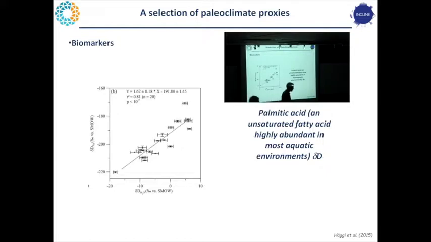Biomarkers hold many possibilities in terms of reconstructing past environmental properties, and this is yet another example. What I'm showing here is the palmitic acid deuterium isotopic composition. Palmitic acid is a saturated fatty acid, highly abundant in most aquatic environments.